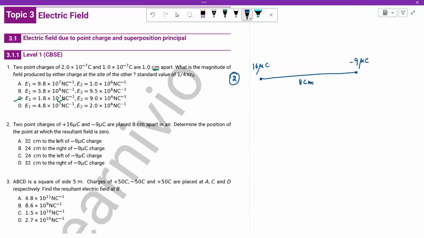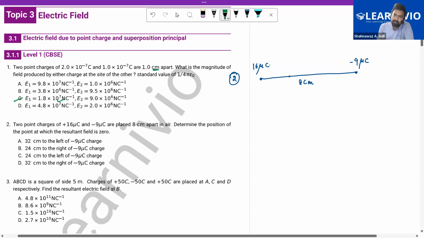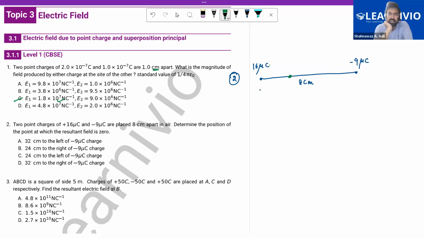Something like that. So what we are doing is calculating, let's say we pick this point, and both the electric fields should be equal to each other. Absolutely correct. Good.